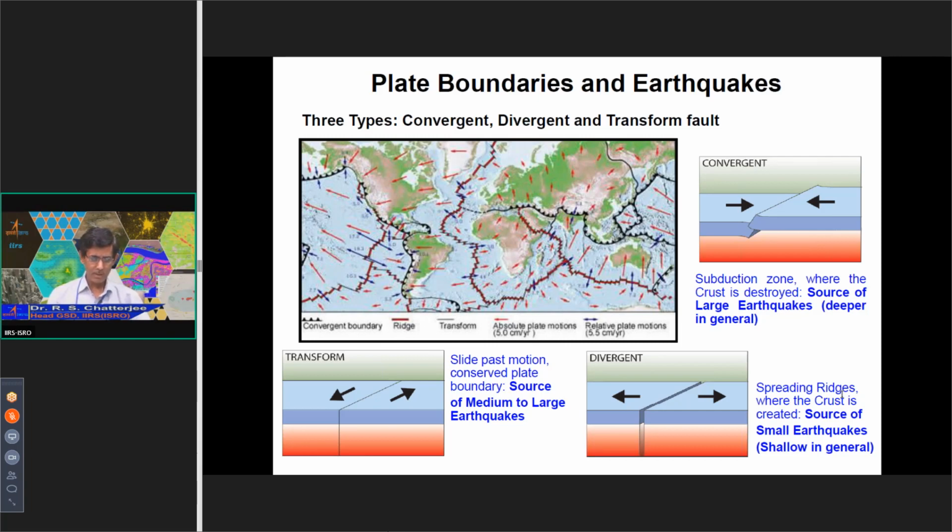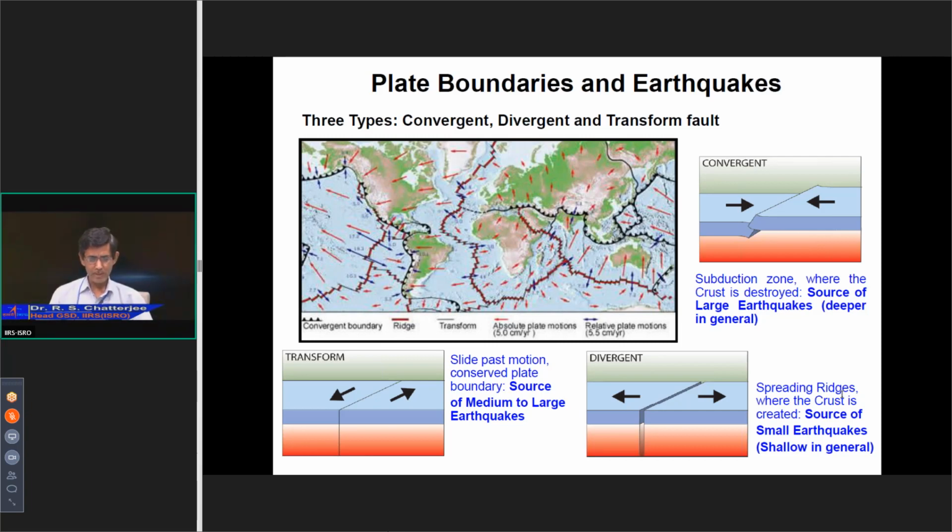On the left bottom you see the transform fault. In this cartoon the two plates slide past each other, and this is a kind of conserved plate boundary. The earth's crust is neither created nor destroyed; it remains conserved. And the transform fault is generally the source of medium to large earthquakes.